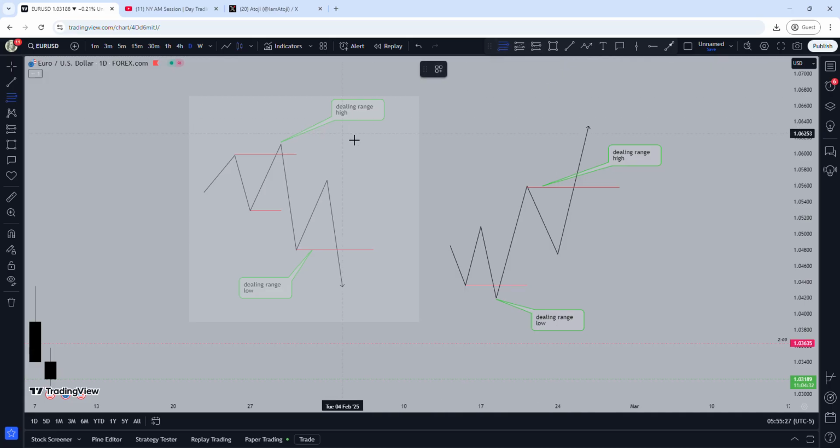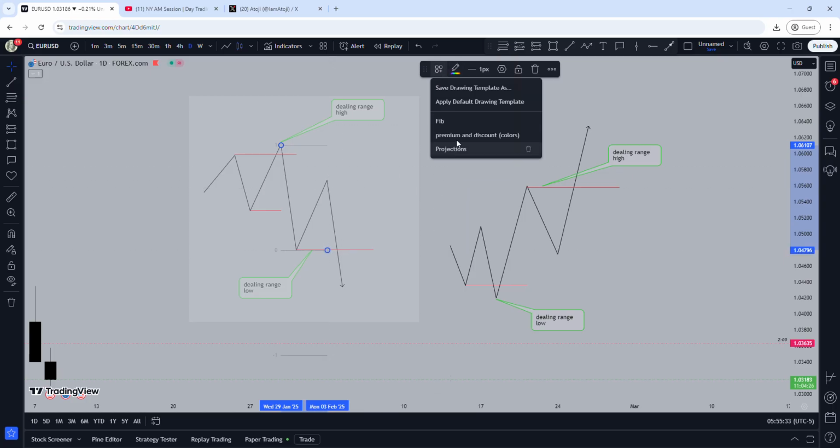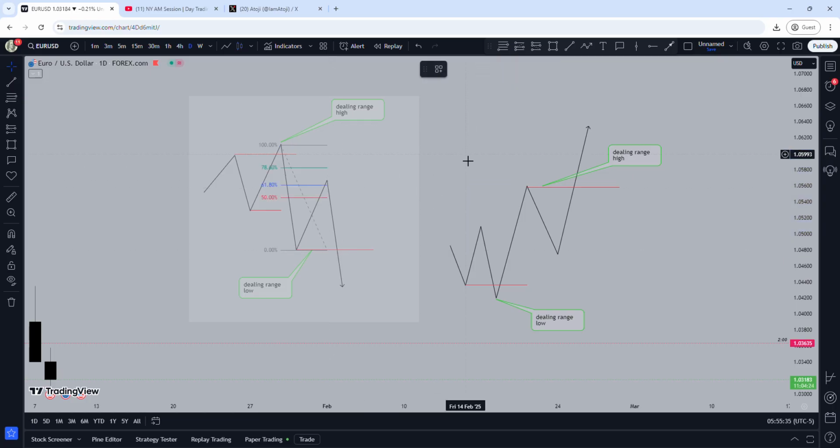Now, when dealing with dealing ranges, you don't expect price to take out this dealing range high because it already swept a high. When price takes out the dealing range high, price has turned bullish. That is for a bearish market.